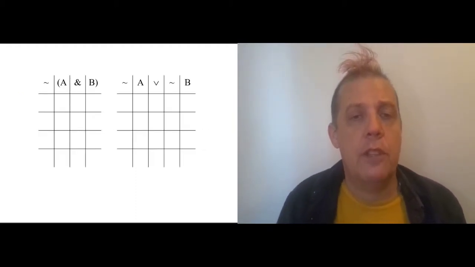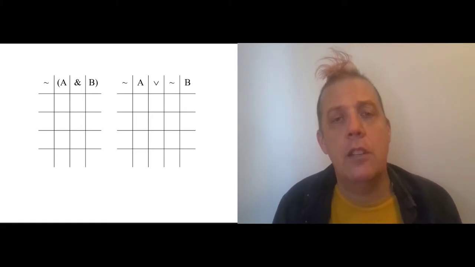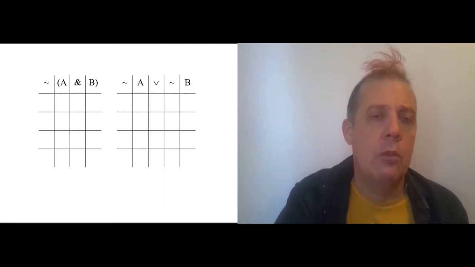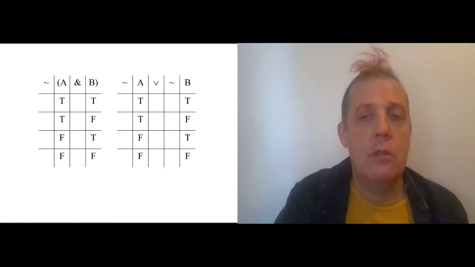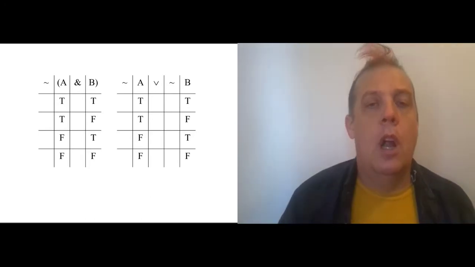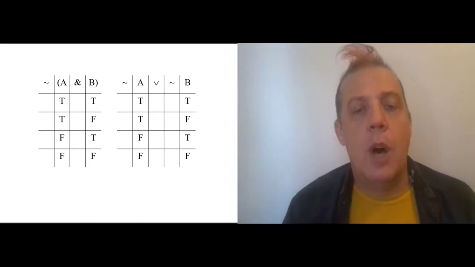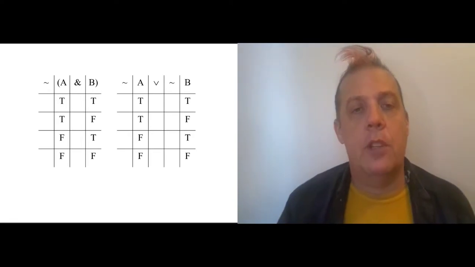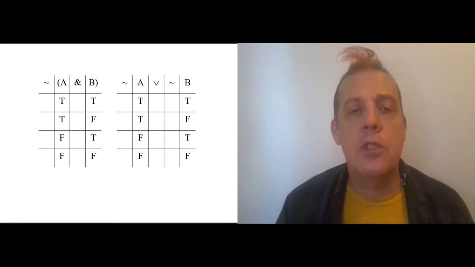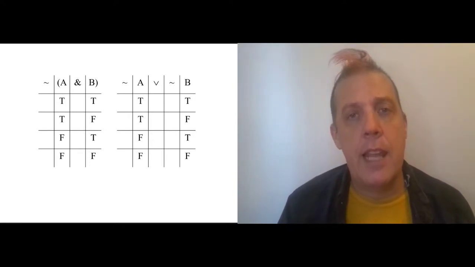So here two equivalent sentences, not parentheses A and B, and not A or not B. We fill in the basic columns, right? Then we do the columns that modify the columns that we just filled in. So for the sentence on the left, we filled in A and B. Those two letters are connected by the and. The and is the next thing we do.